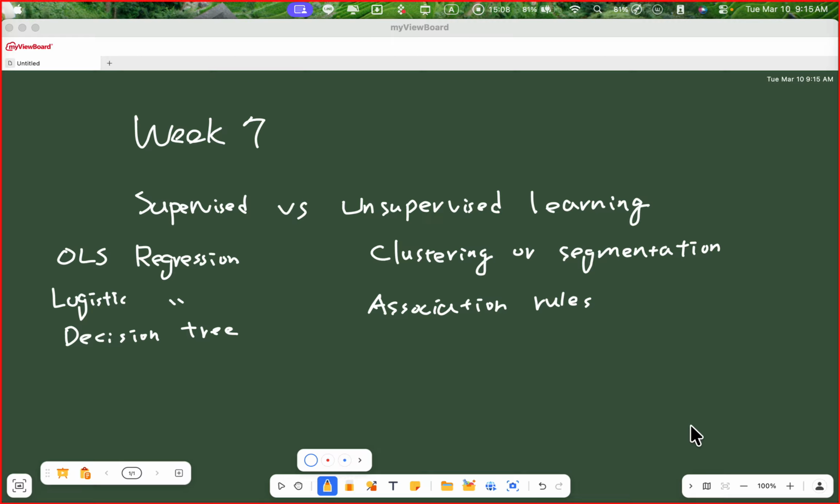Fitting. Fit something into something. We fit a model to data. Here, what is our model? You have confused eyes. We fit the model to the data, but where is our model here?